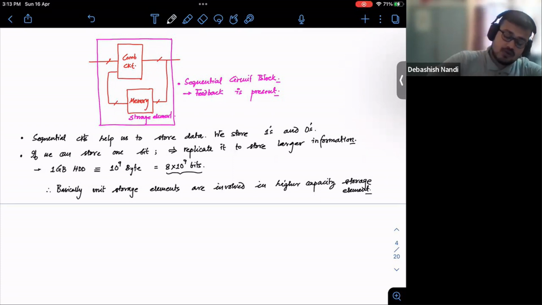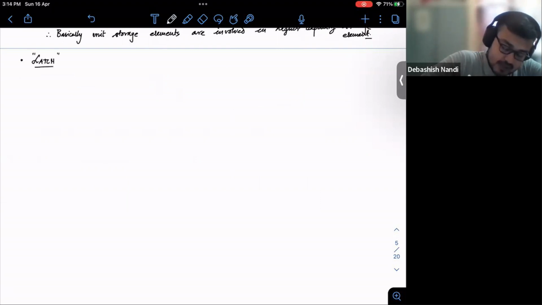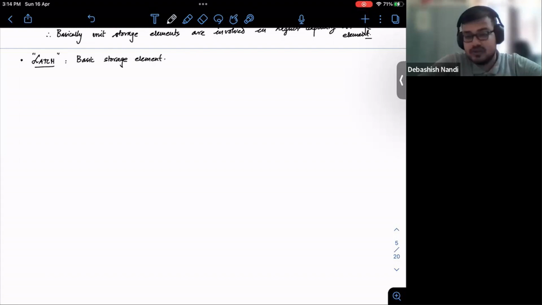Okay. So we will start with the basic storage element. What is the basic storage element? If you have gone through the lecture, you must have heard this term: latch. It is the basic storage element. So what kinds of latches do you have?